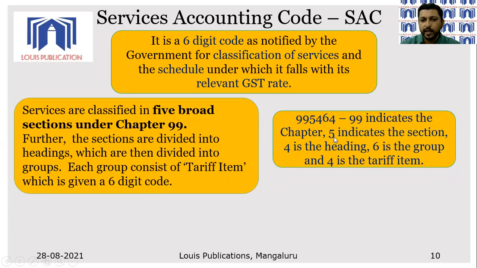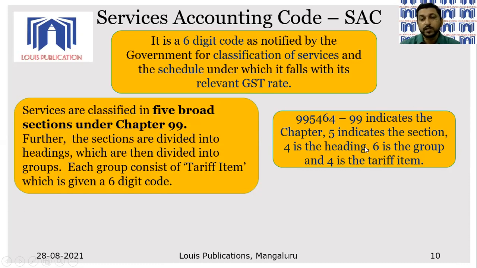Then the sections are divided into headings; 4 is the heading. Then the headings are divided into groups. So 4 is the heading, 6 is the group, and the last digit 4 is the tariff item. And this will decide what will be the rate of GST.